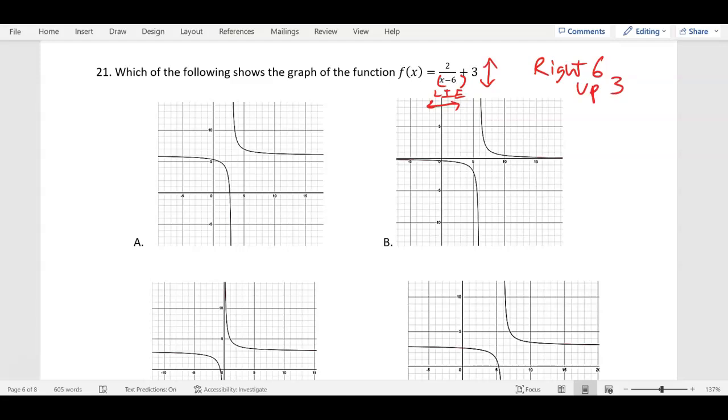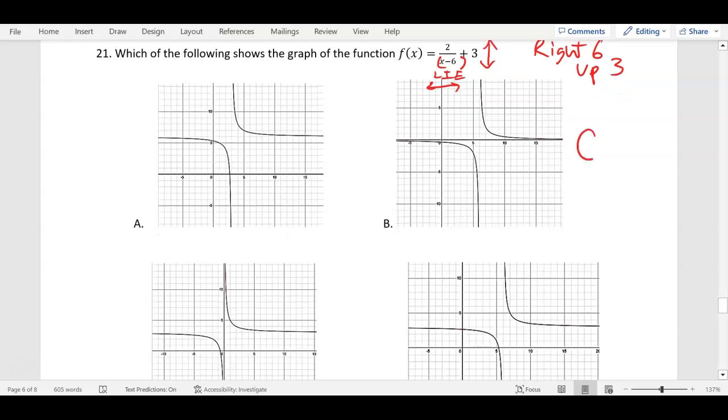So the one that looks like it's going right 6 and up 3, you can also graph and compare these from your calculator. But the one that does go right 6 and up 3, 1, 2, 3, 4, 5, 6, 1, 2, 3. This one does seem to have the asymptotes going like this.